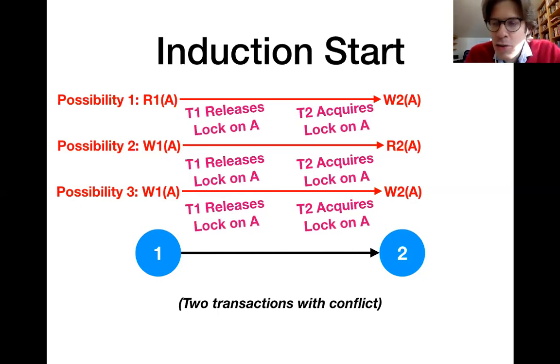So here, basically, transaction 1 needs first to hold an exclusive lock on object A, and it needs to release that exclusive lock so that transaction 2 can acquire another exclusive lock on object A. So here again, we have what we want to prove in all of those cases. Because there's a conflict between them, we must have that transaction 1 releases a lock on some object before transaction 2 acquires a lock on some object. So this is what we want to prove. We have proven it for paths of length 1.